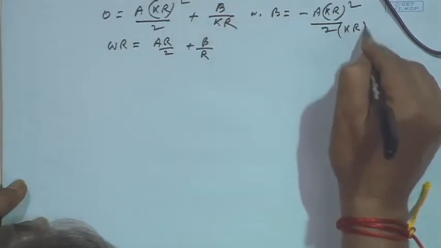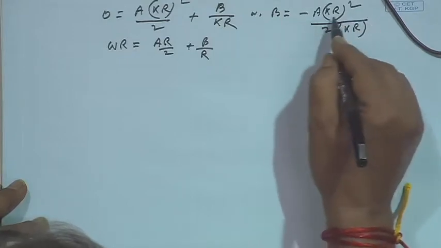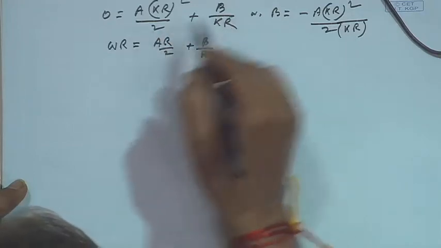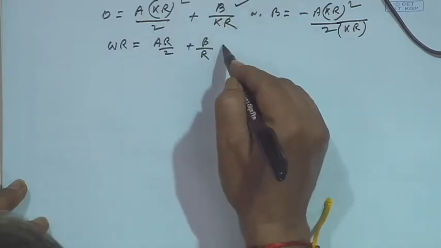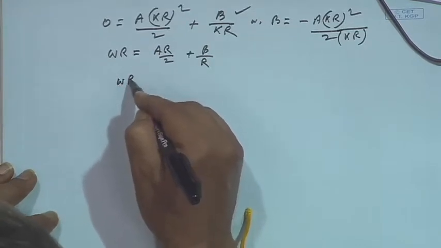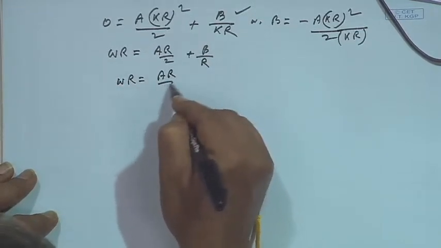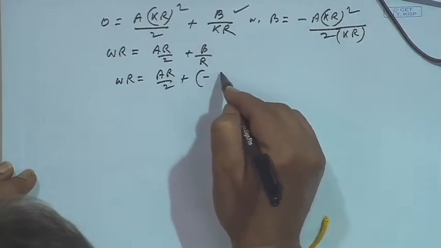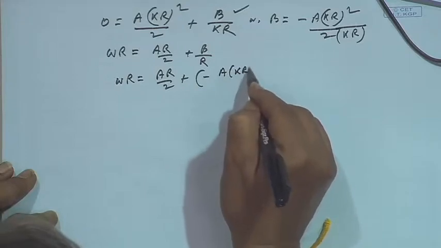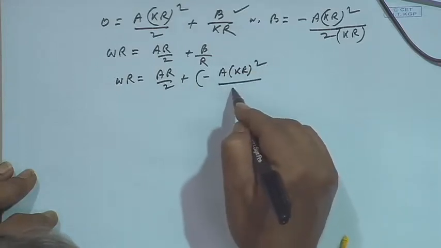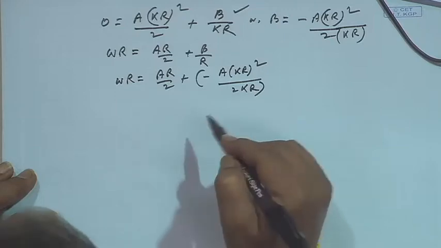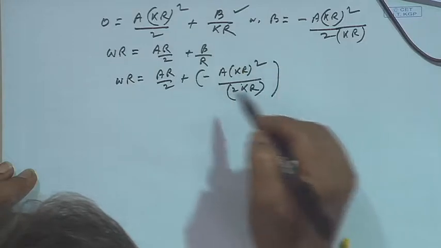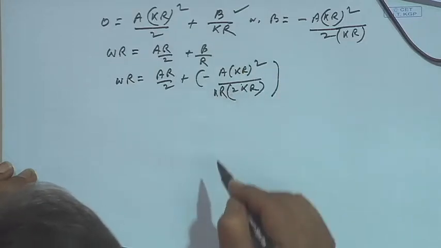So, this is minus A kR square by 2 kR, that is B. If we take this equation and substitute here, then omega R is equal to A R by 2 plus B, which is minus A kR square by 2 kR, and we also have 1 kR here.